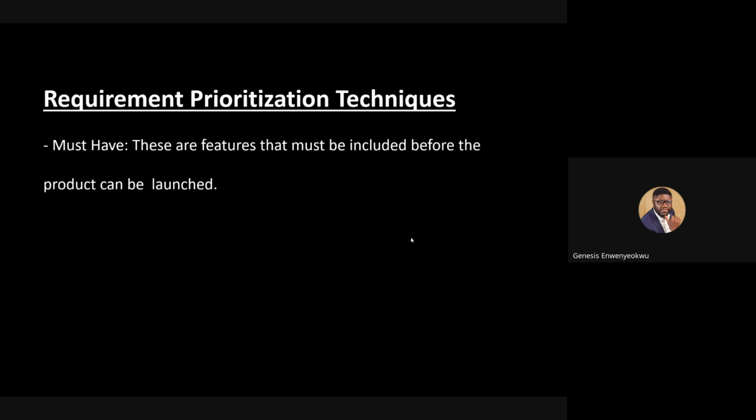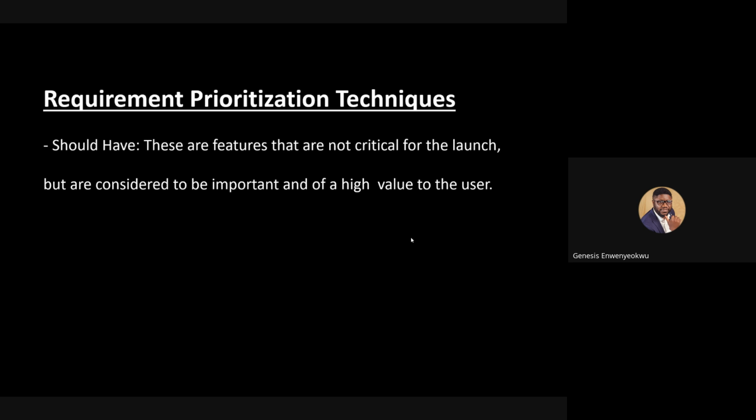They are the things that we must have before we even talk about deploying the solution for live usage with customers. Should haves are features that are important for our go live, but they are not critical. They're also of importance to our users and give them high value, but basically they are not critical. If we don't have them, we can do without them.